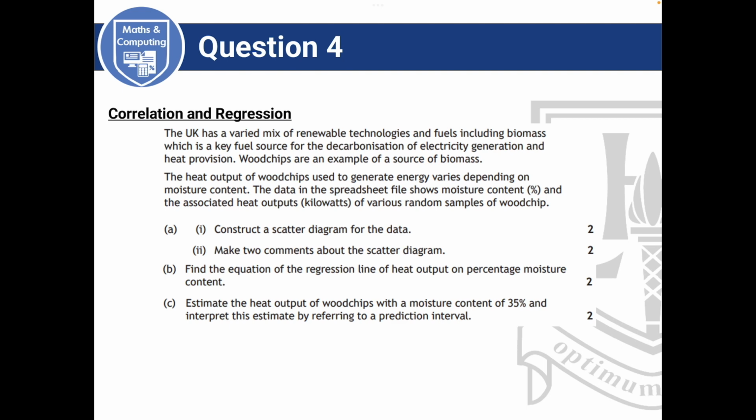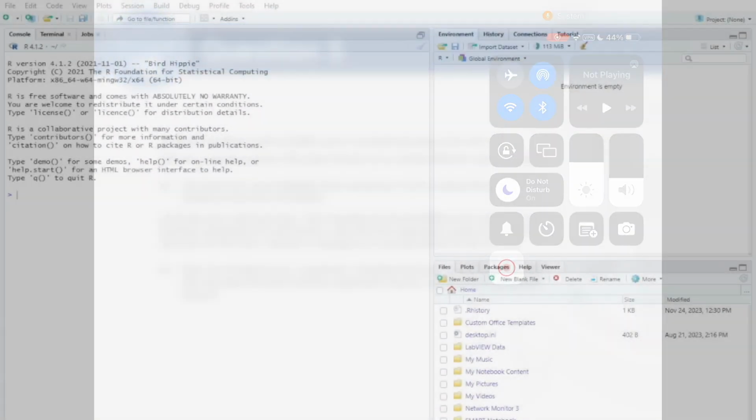The heat output of wood chips used to generate energy varies depending on moisture content. The data in the spreadsheet shows moisture content as a percentage and the associated heat outputs in kilowatts of various random samples of wood chip. We're asked to make a scatter diagram, make some comments about it, find the regression line, and then also do a prediction from that. Okay, so we're going to fling onto RStudio now. Hold on.